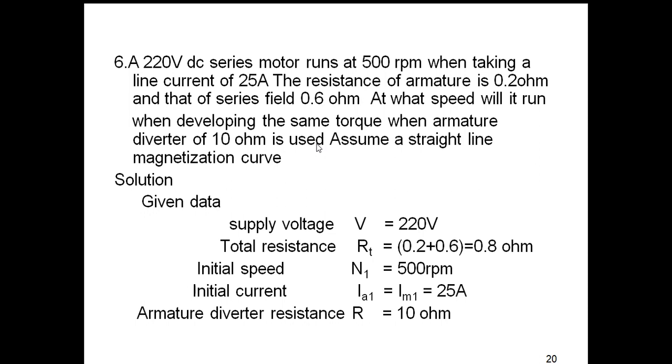The armature diverter resistance R is equal to 10 ohms.